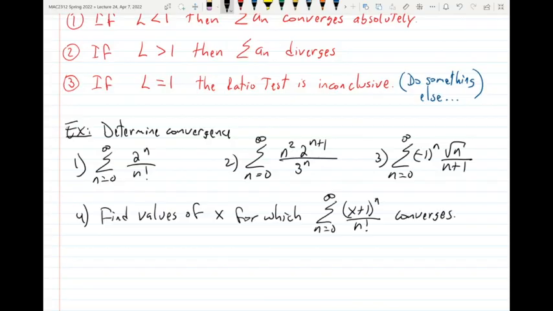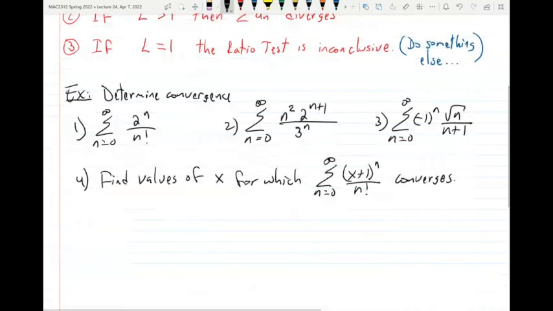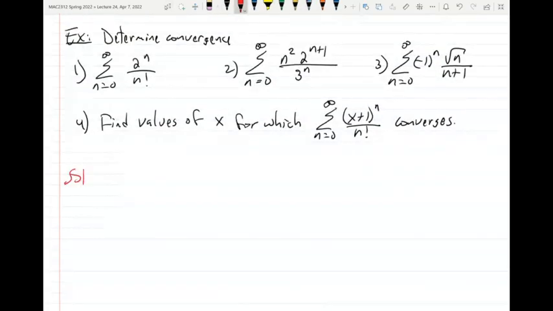This is an example of what we call a power series. So here we have 4 series. Our job is to study these and see whether they converge or not, and so on. So let's take a look at the first one. Solution.